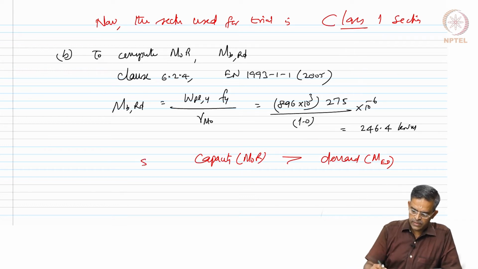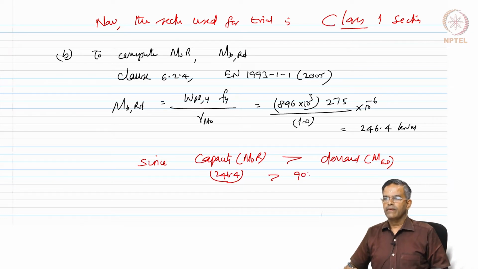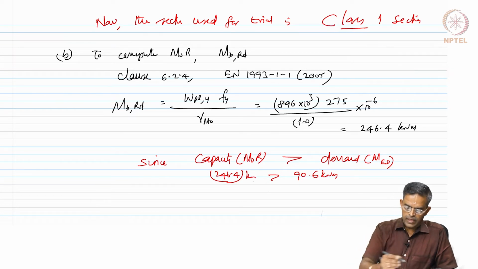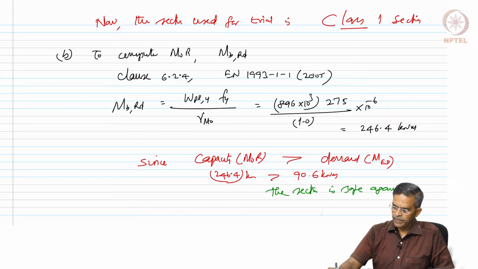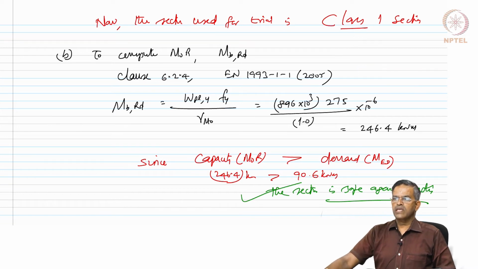So, since 246.4 is greater than 90.6 kilonewton meter, we can say the section is safe against bending. We have checked it. We are now checking a trial section. Now, let us check against LTB.